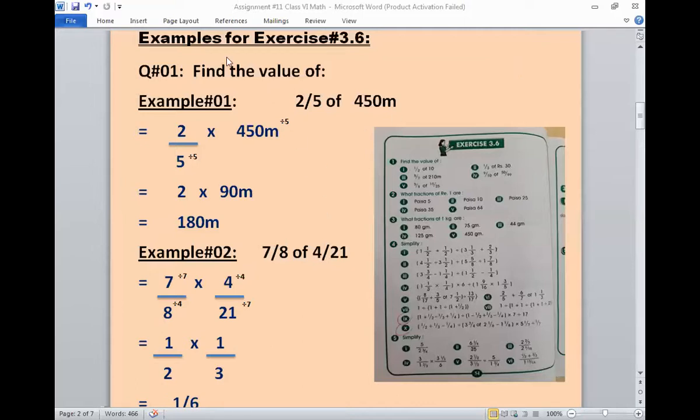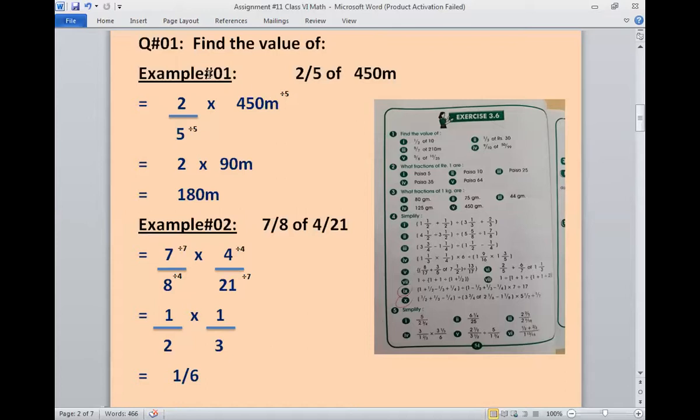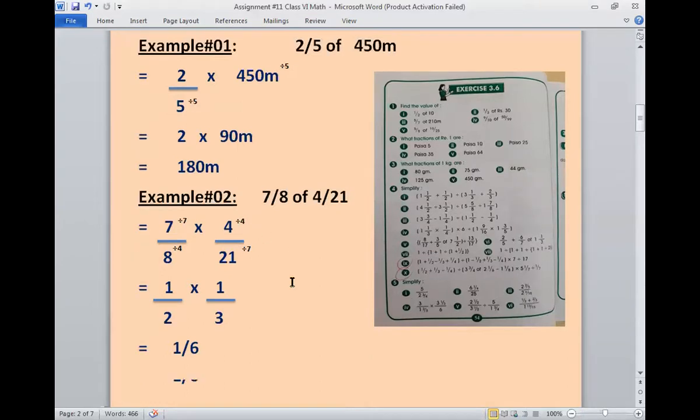Now, if you remember how I explained this, in question number 2 you simply replace the sign of "of" with the sign of multiplication, and then perform cancellation. Then these are the examples for question number 1. Now I'm repeating again, please do not attempt these examples.